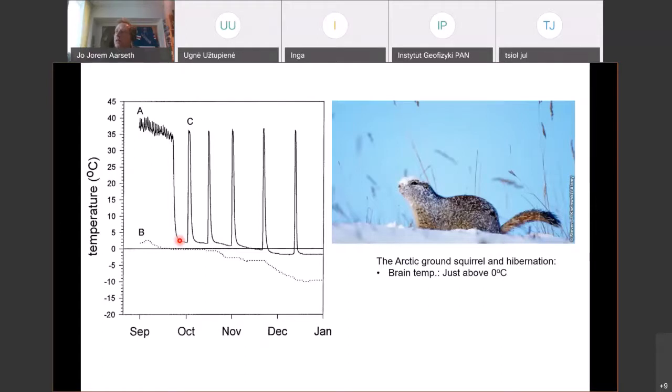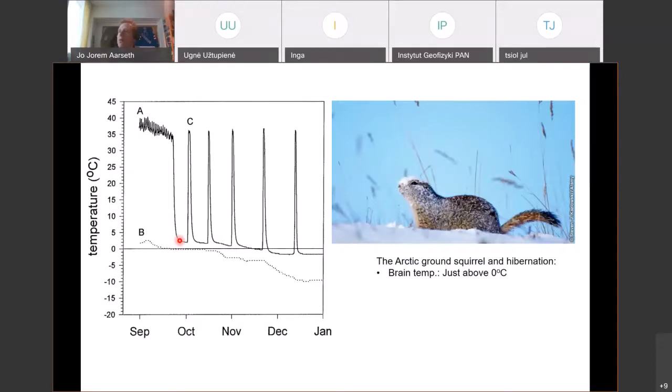That's hibernation. And the brain temperature in this hibernating Arctic ground squirrel can actually be just above 0 degrees Celsius, just to prevent freezing in the brain. And the brain is actually one of the organs we have that demands most oxygen and most energy. So if you can turn the brain off, then you save a lot of energy.